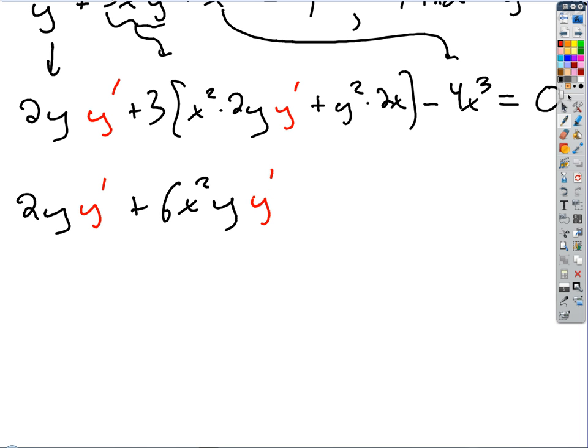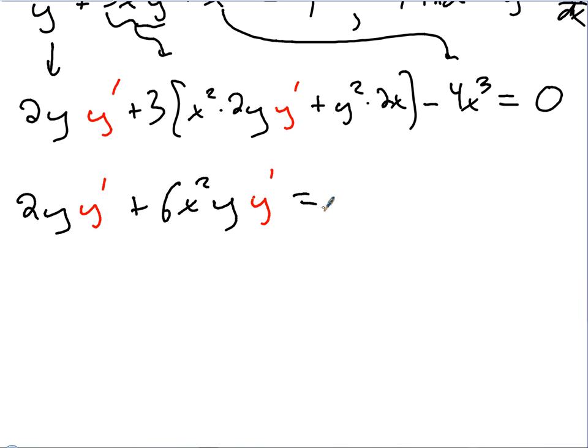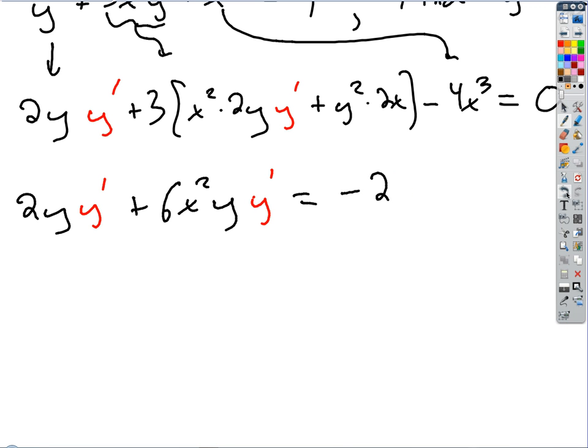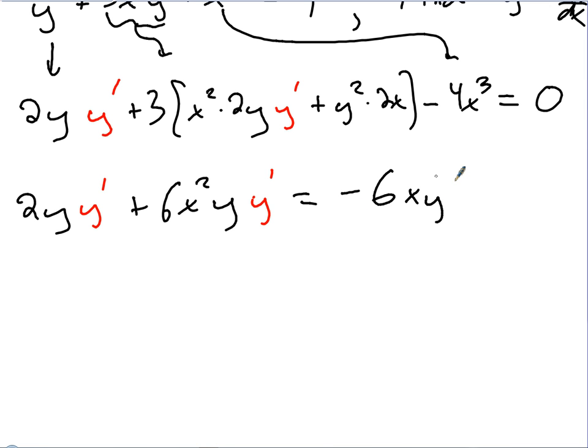And everything else, all the other terms don't have y primes in them, so let's stick them on the other side. So we're going to get a minus 6, whoops, not 2, 6, minus 6x y squared plus 4x cubed. Everybody agree? Okay.